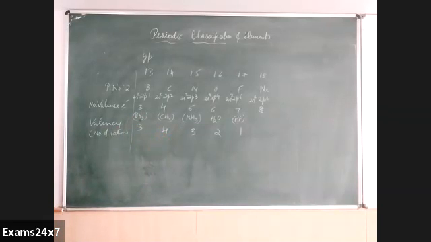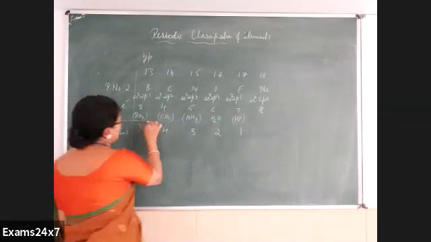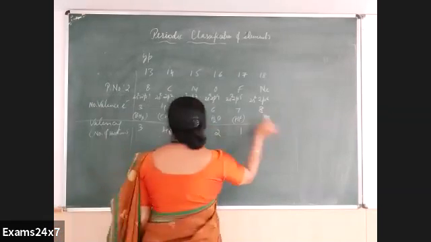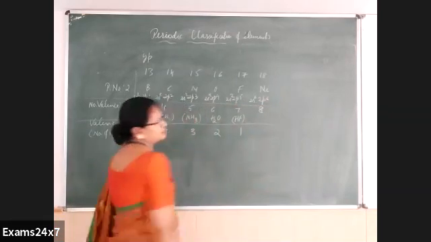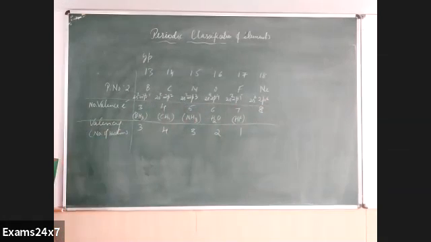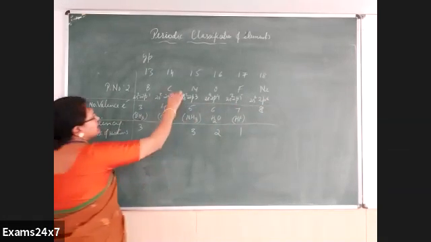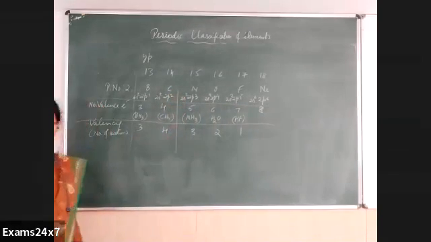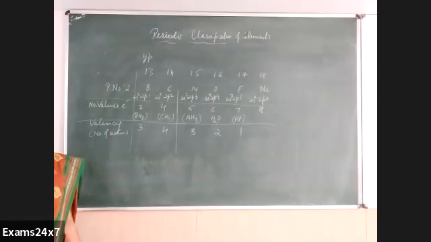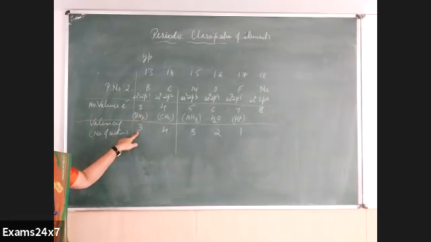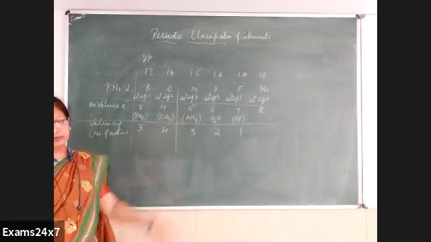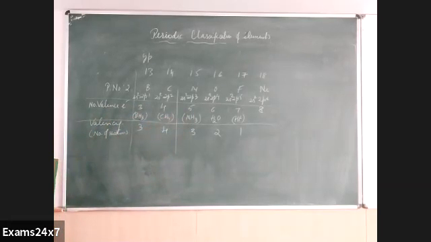Now you just observe, does the valency match with the number of valence electrons here? It matches up to carbon. So for boron and carbon, the number of valence electrons is equal to valency. Later, what is the relation you are finding?